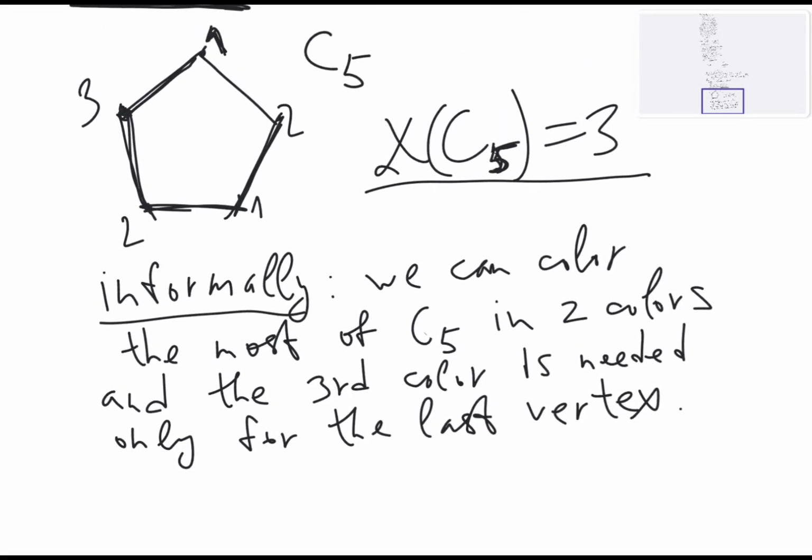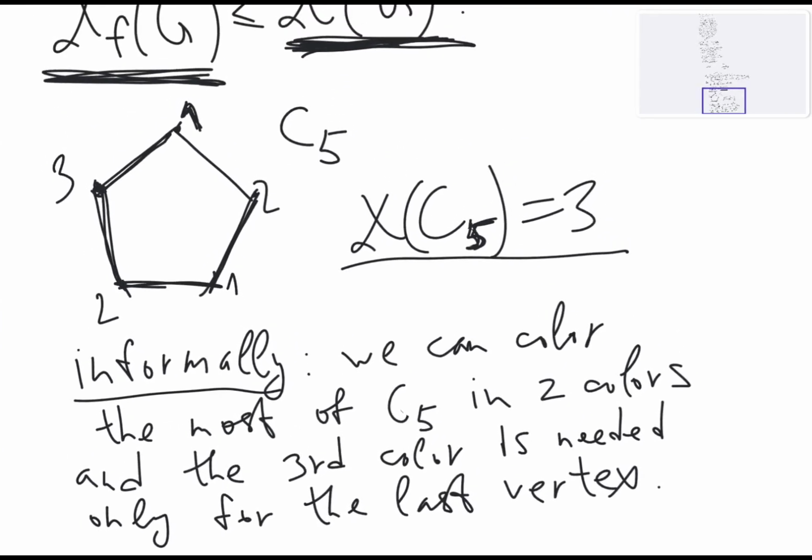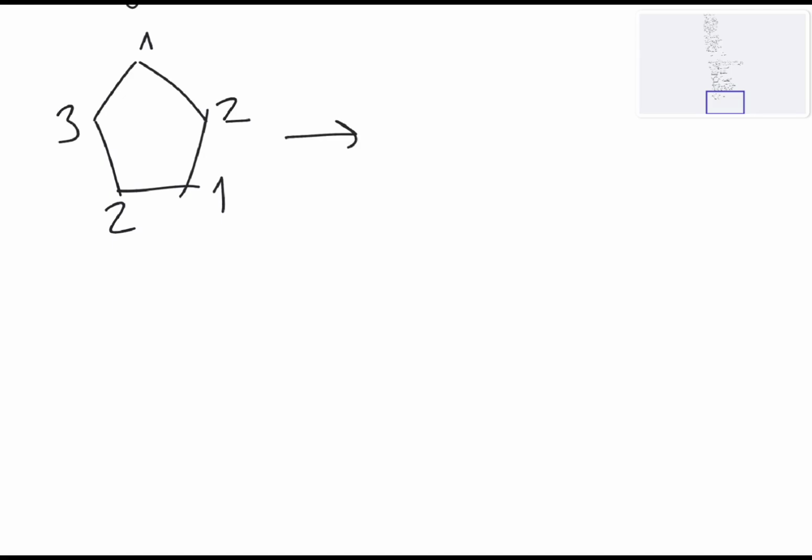First, from this coloring, let me repeat it again. If we take this same coloring in 3 colors, 1, 2, 1, 2, 3, this is a proper coloring, and also a fractional 3:1 coloring, where each vertex receives 1 color and in total we have 3 colors.